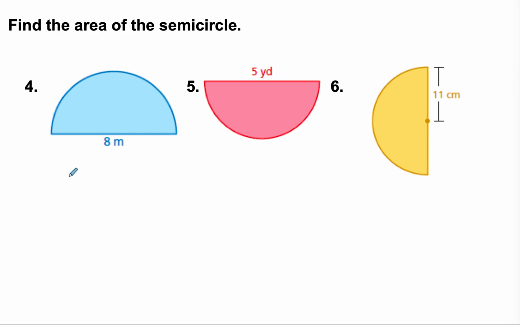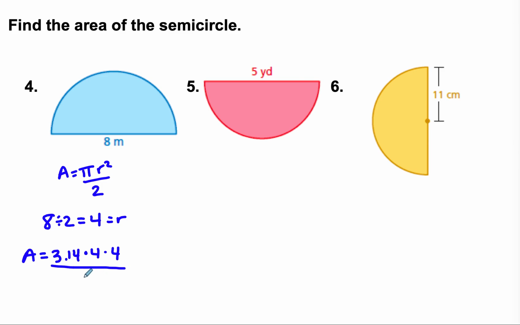All right, let's go ahead and check our answers. So remember our formula for these semicircles, we're going to do pi times radius squared, and then we're going to take our answers and divide by 2. Number 4, 8 is our diameter. So our first step is to divide by 2 to get a radius. That's going to be 4 meters. All right, so area equals 3.14 times radius squared, so times 4 divided by 2.